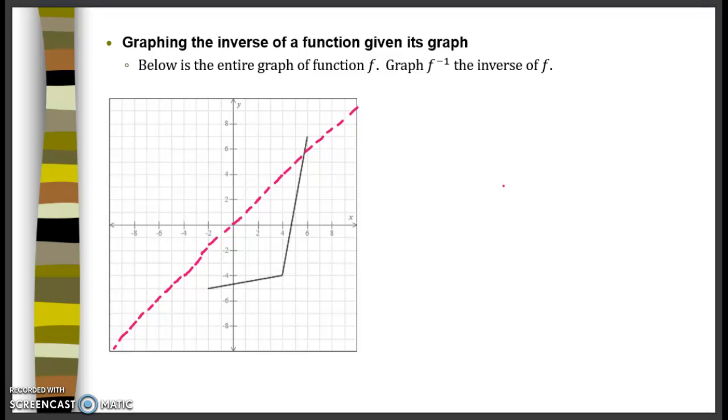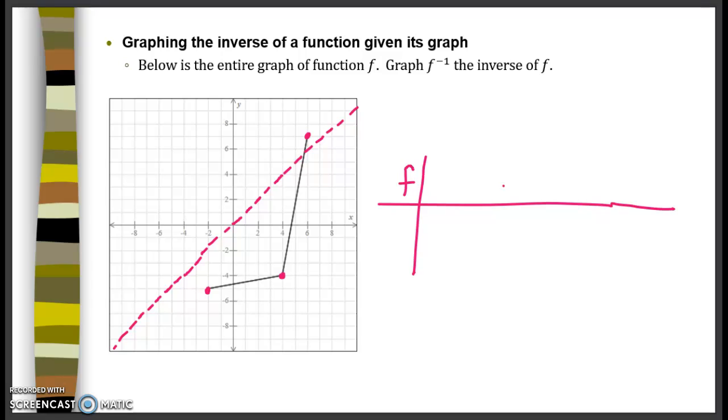Now on my function f, I'm going to write out some points here. And I'm going to check important points at the ends or where the graph changes.